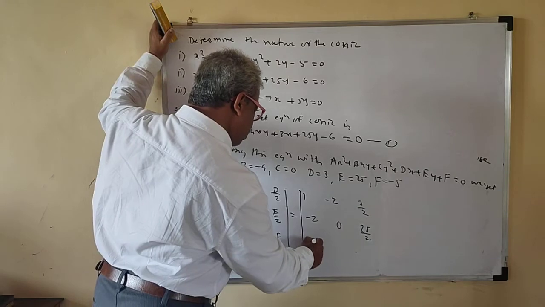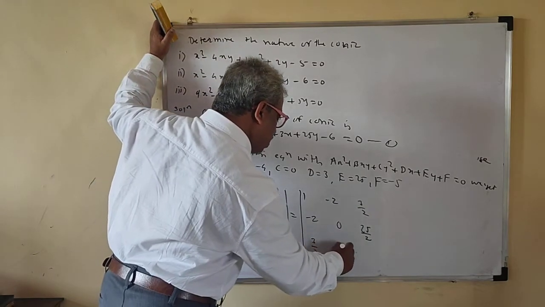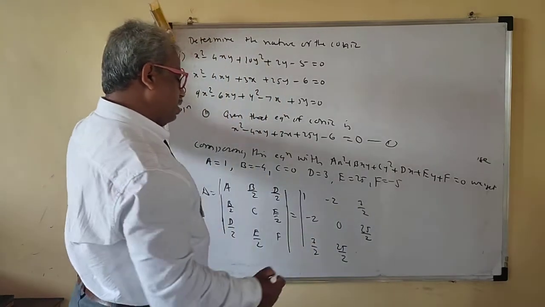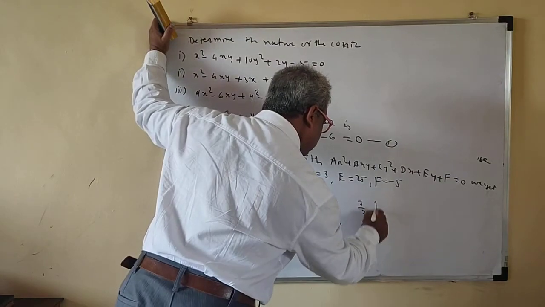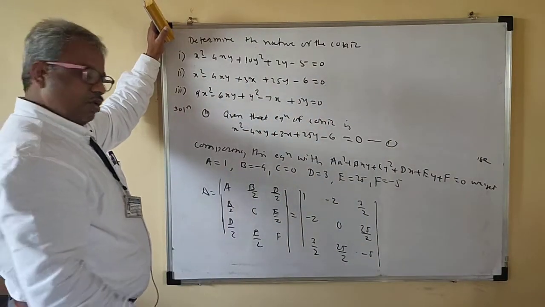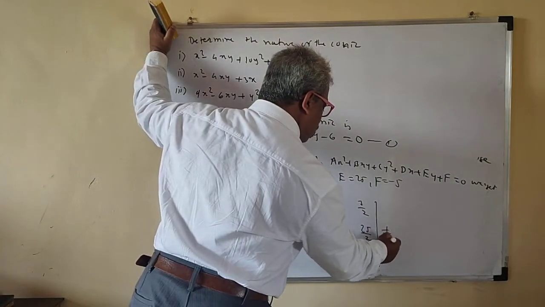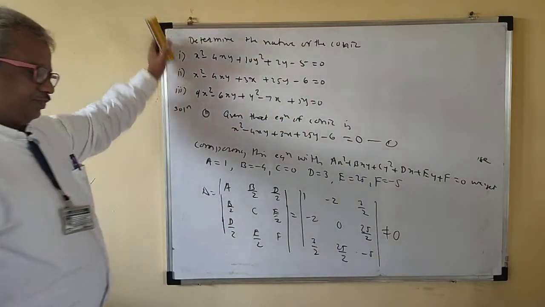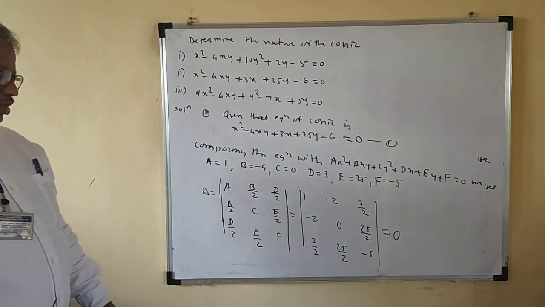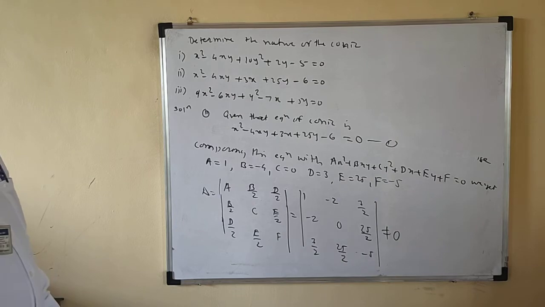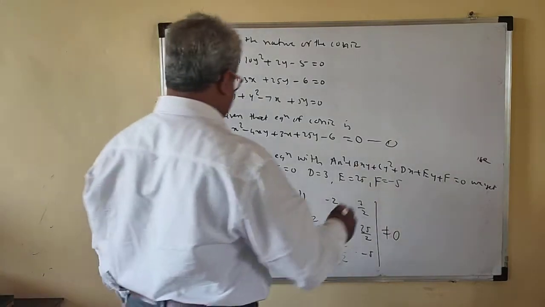So this is 3 by 2, this is 25 by 2, and the constant is minus 5. So we can say this is not equal to 0. Just expand this and you will see this is not 0. So delta not equal to 0.